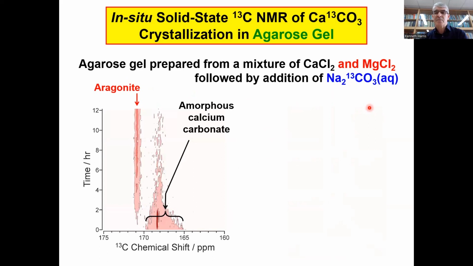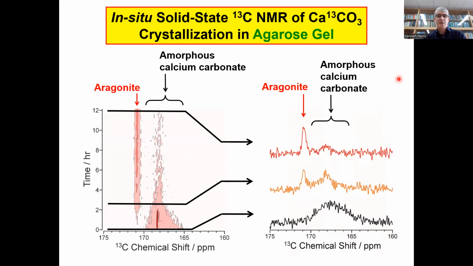Now, in the presence of some amount of magnesium, this is known in literature to favor the formation of aragonite, and indeed that is what we see in this experiment. But at the beginning, we see this very, very broad line in the solid-state NMR spectrum, characteristic of the amorphous phase of calcium carbonate, and that then crystallizes to form the aragonite polymorph as shown there.